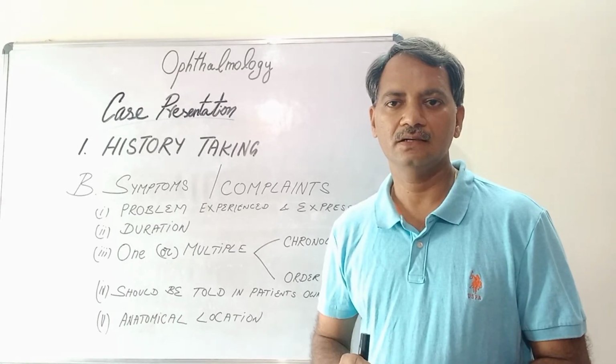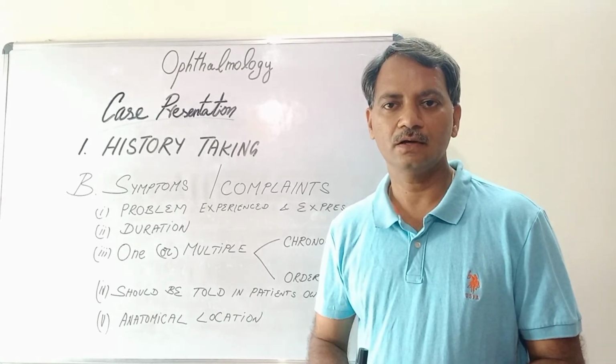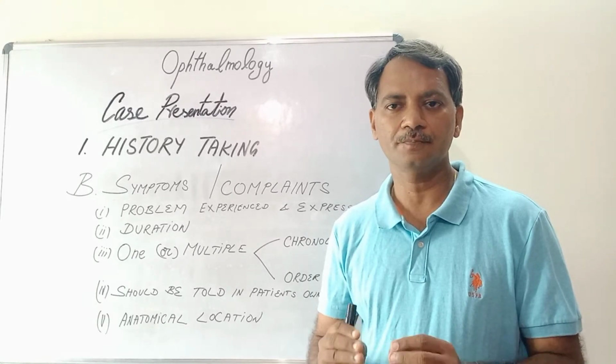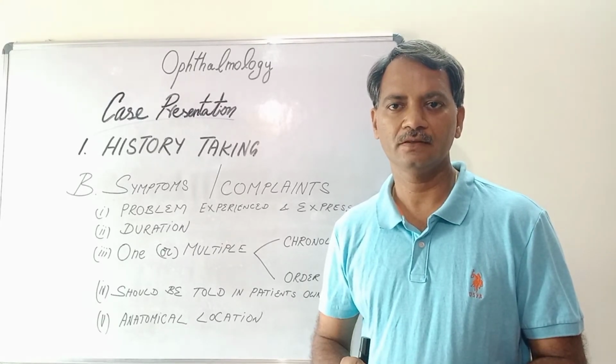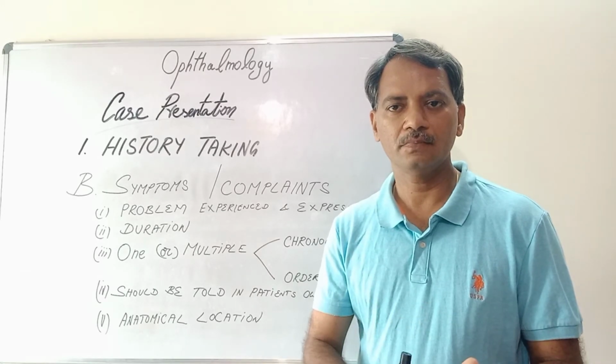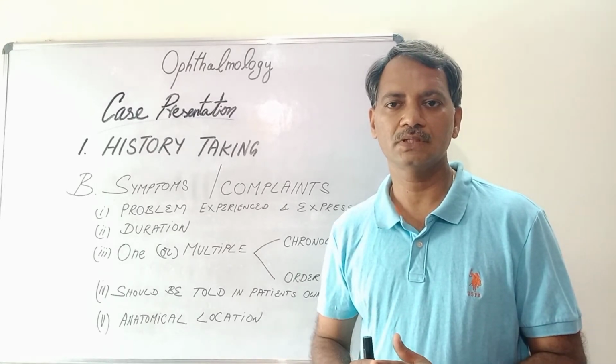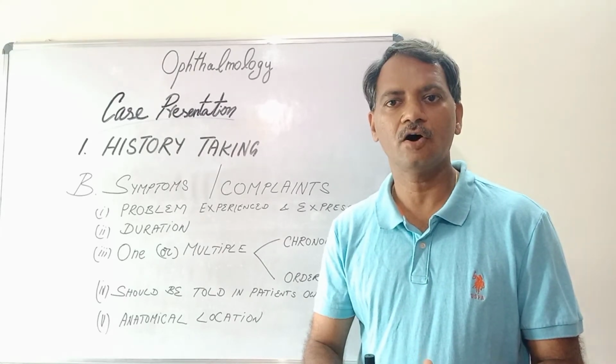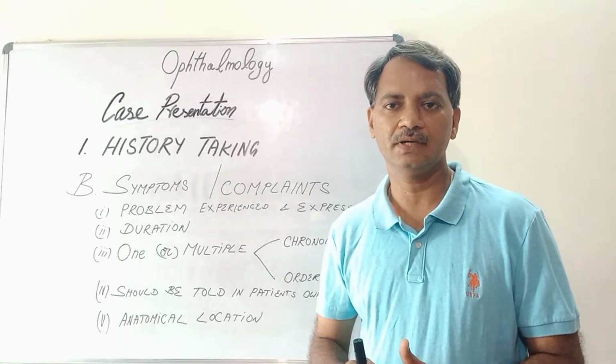Apart from that, we should ask the patient which is the exact anatomical location of the problem in the body, for one problem or for both the problems, either at the same anatomical location or at a different anatomical location.